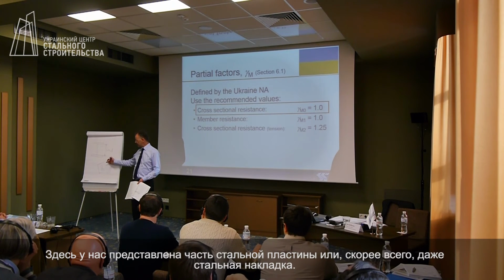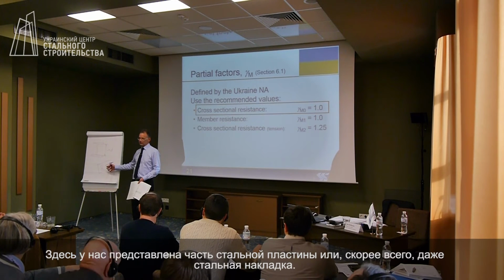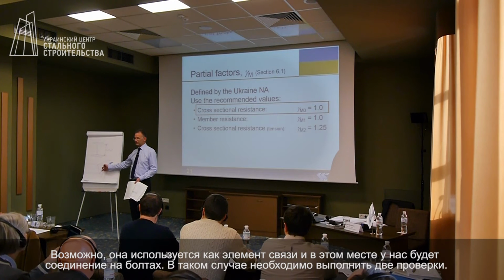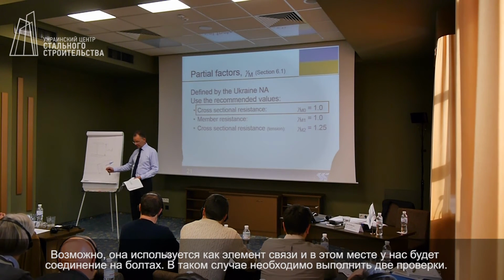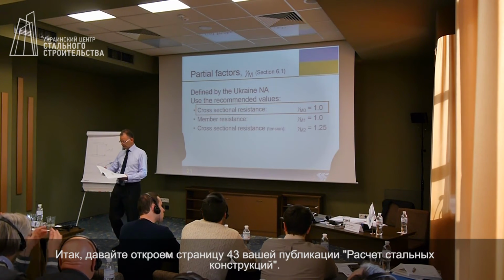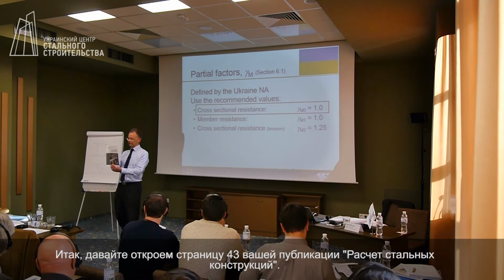So here I am imagining a piece of flat steel, piece of steel plate. Perhaps it is being used as bracing, and this would be a bolted connection. And there are two checks to be done. So if you could have a look in page 43 of this book.